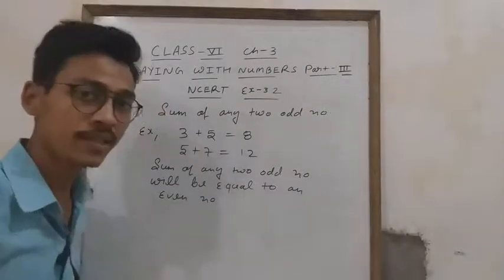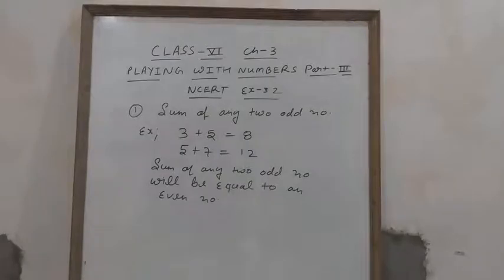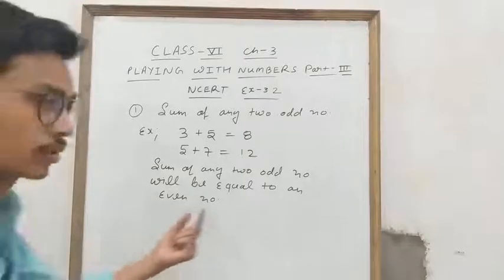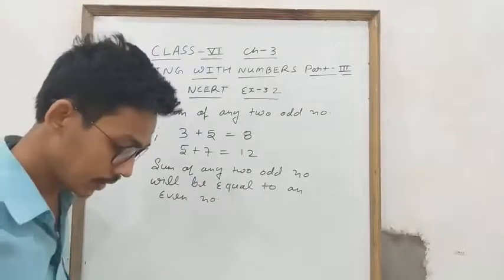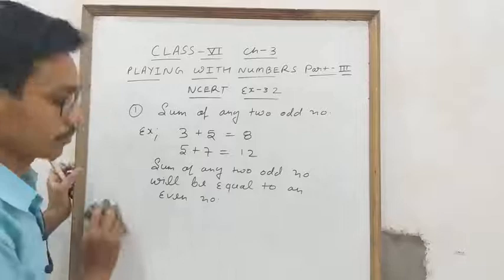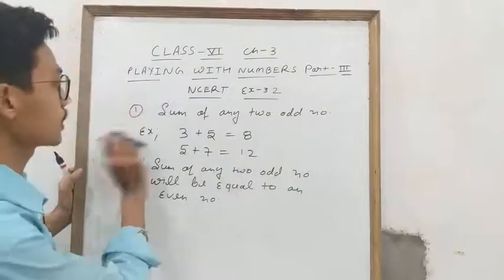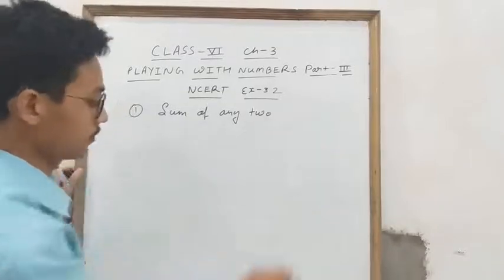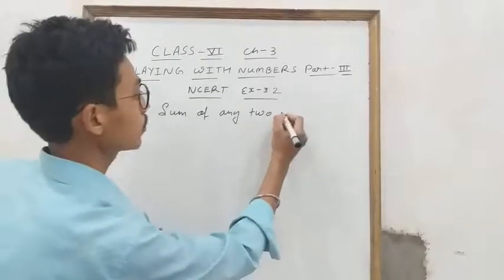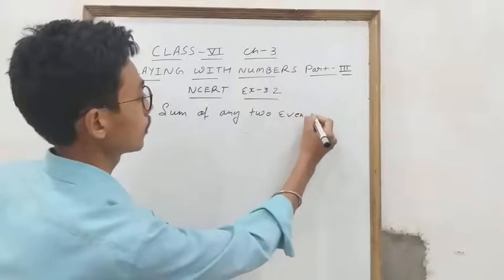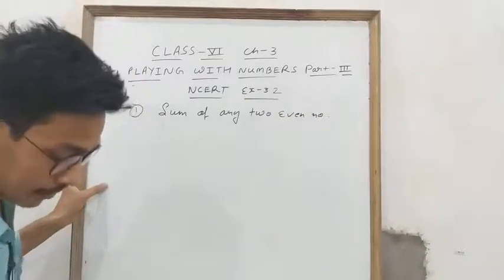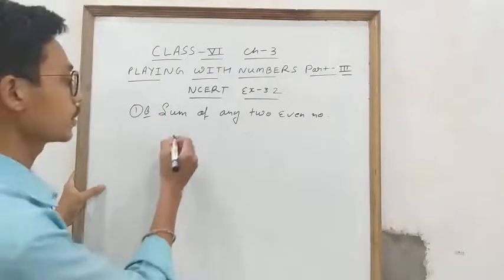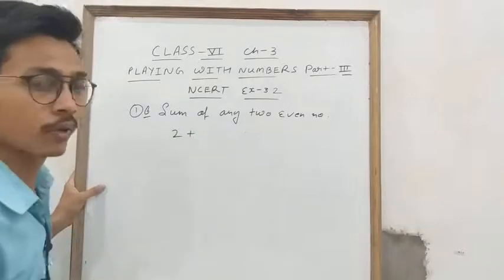Now the next question is about even numbers: sum of any two even numbers. This is part B. Even numbers, you know, like I am going to write 2 and 4.